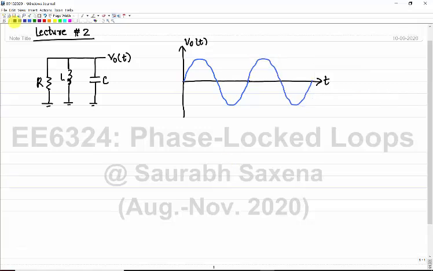So this particular signal, V out of t, is nothing but, if I say that this amplitude is +1, I can have this as sin(omega naught t), where omega naught is equal to 1 by square root of LC for a given LC circuit.